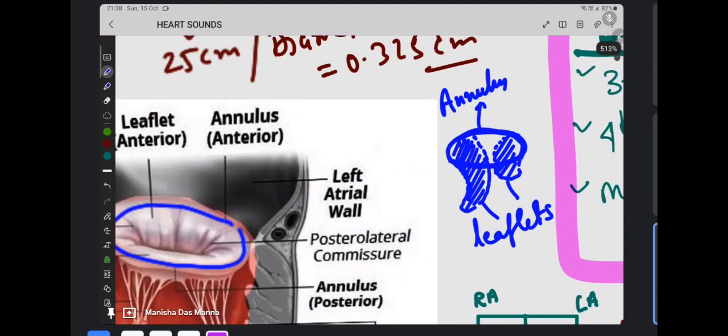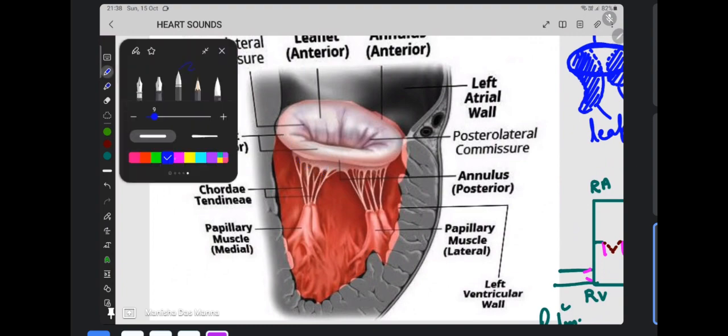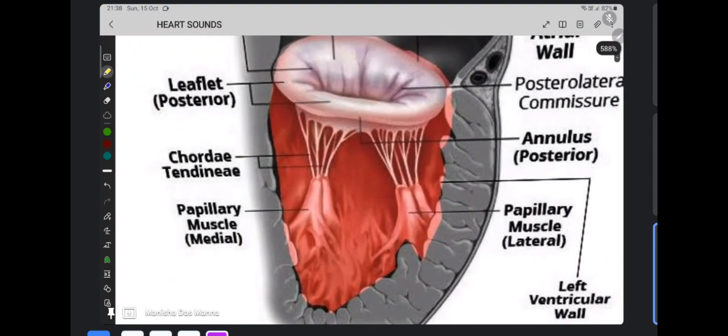Now what happens? The leaflets of the valve are attached with the chordae tendineae, and the chordae tendineae are attached with the muscle of the ventricle via papillary muscles.